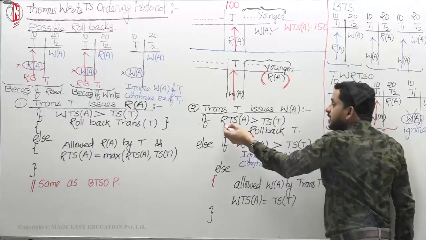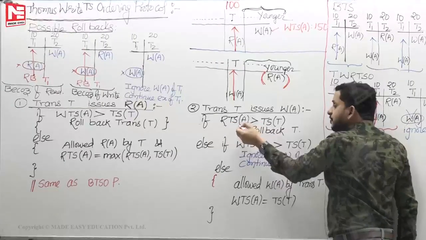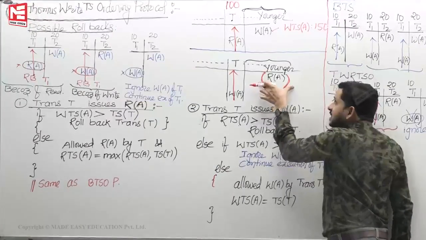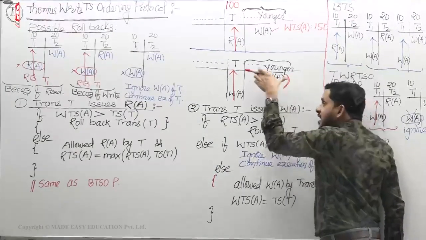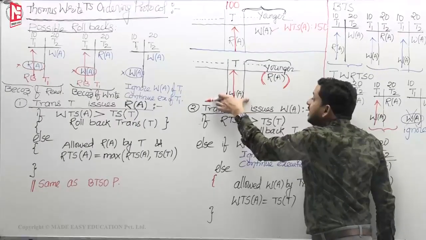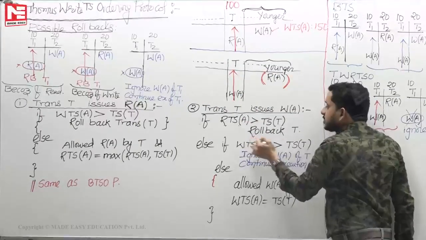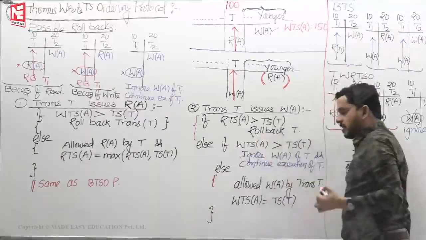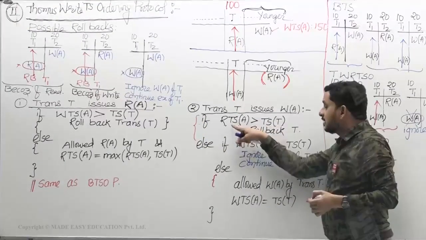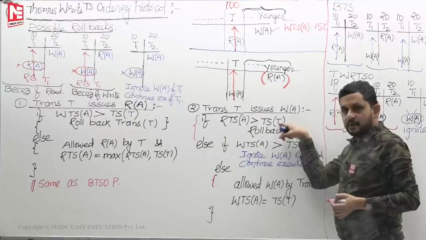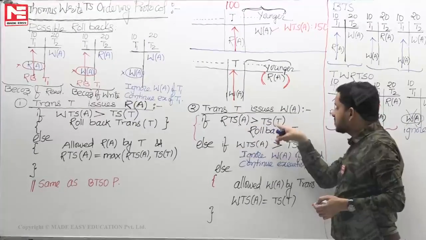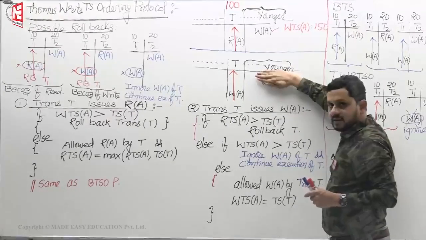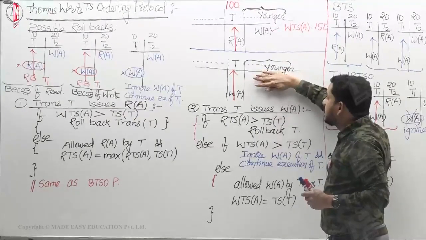It means the read timestamp value of A is greater than the transaction timestamp value of T. The younger transaction already read the data, then the older transaction T requesting for write causes rollback. This rollback is the same as basic timestamp ordering. By chance this condition fails. What does it mean when this condition fails? The younger transaction did not do the read.